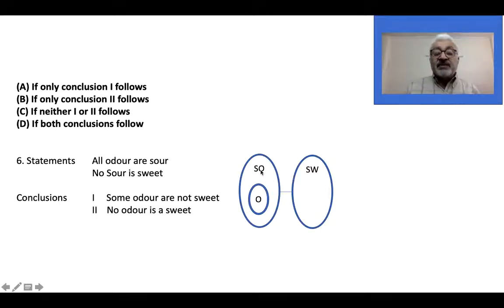So if something is inside SAR, or odor is inside SAR, will it ever be able to cross this line and go to sweet? Because it tells us that SAR is supposed to keep away from sweet. So whatever is inside SAR can never meet sweet. Hence, this becomes a true statement. Some odor, one part of odor will also not be able to go outside SAR to meet sweet. Therefore, some odor are not sweet becomes true.